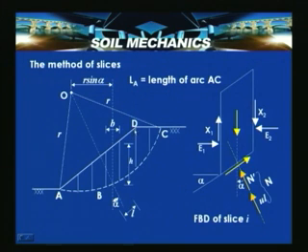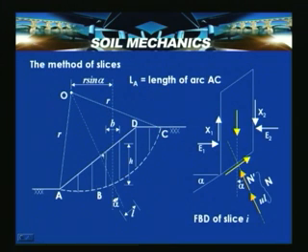So, for this slice, the weight acts at the center line. h is the height of the slice, b is the width horizontally, and L is the length along the slip surface. A, B, C is the slip surface, and r is the radius.